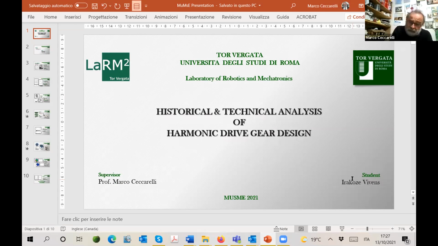The aim of this work was to understand how and why the harmonic drive was developed, and also to let the student understand the technical peculiarities and the advantages that make this gear transmission successful in many areas.